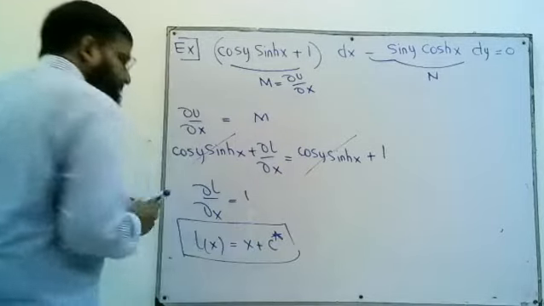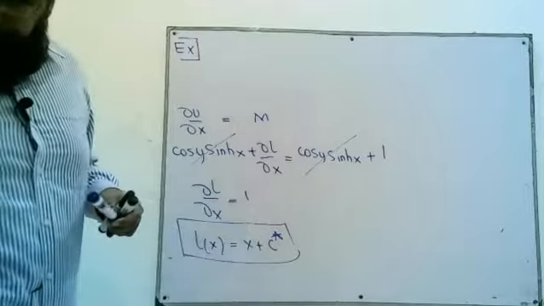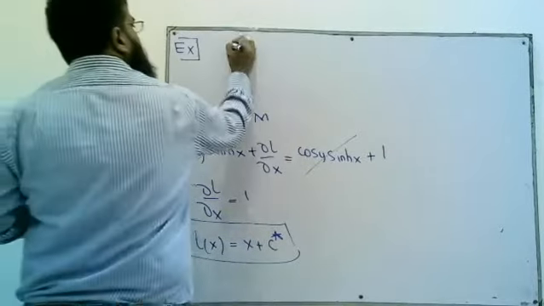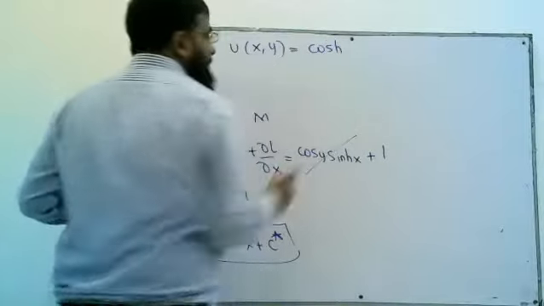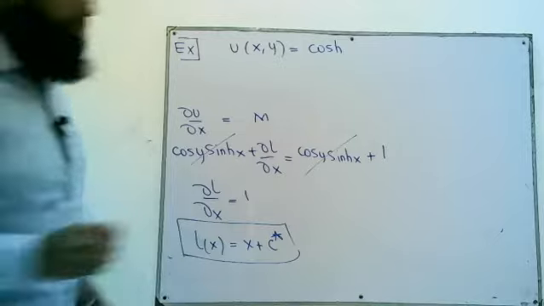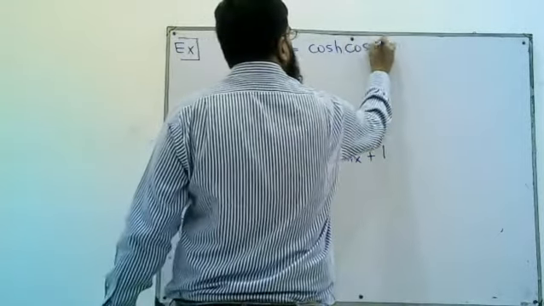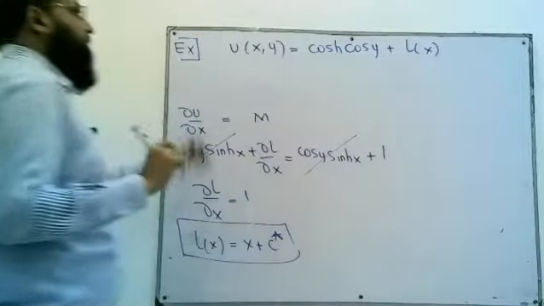So now we are ready to write the solution. u of x, y is cosh x cos y plus L of x. This is what we have just derived.